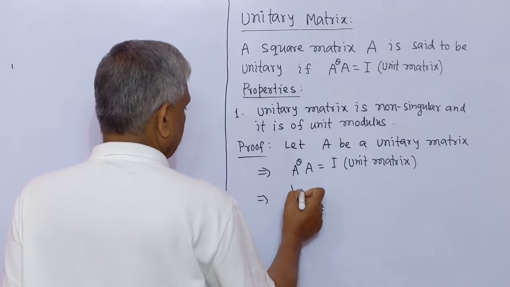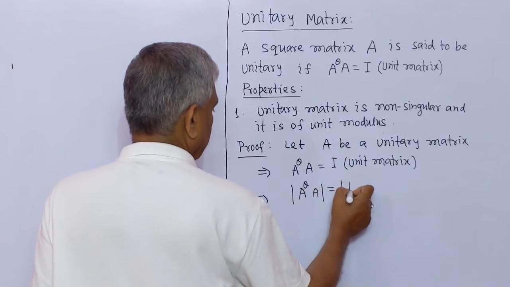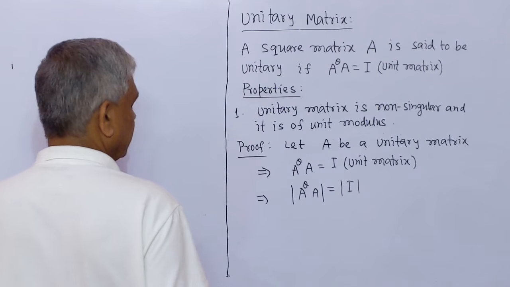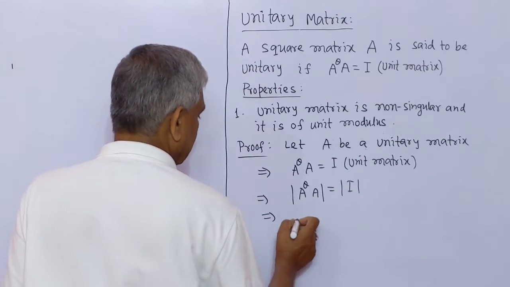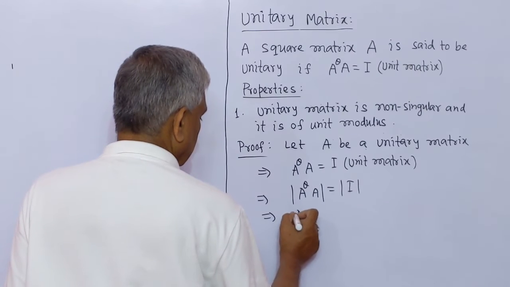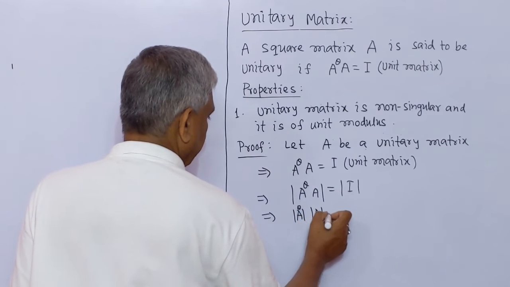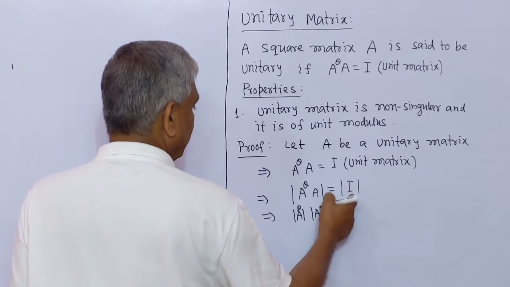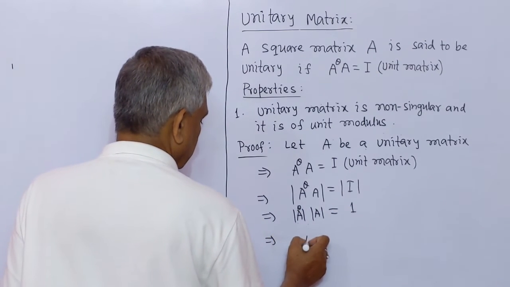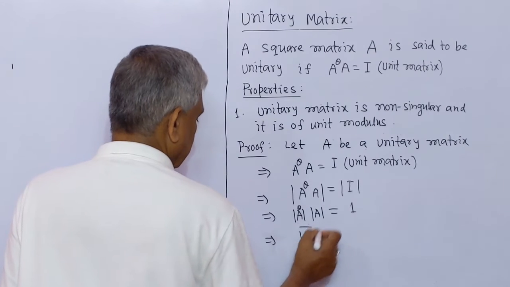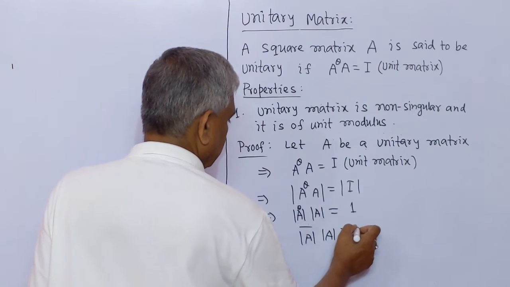Implies that determinant of both sides. Determinant of product of two matrices equals product of determinants of the two matrices separately, and determinant of unit matrix is 1. Implies that determinant of A conjugate, and this is determinant of A, is equal to 1.